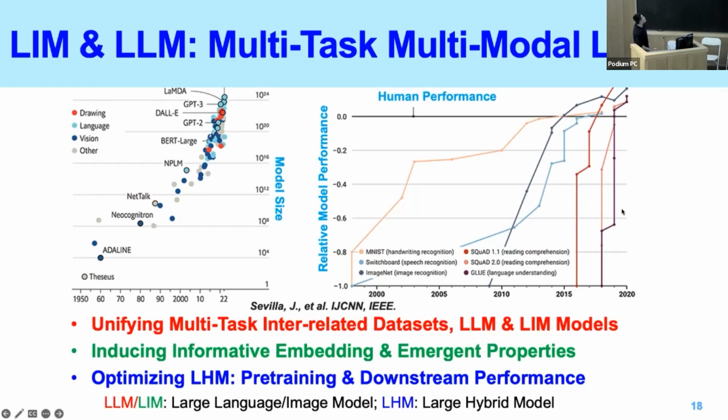Okay, next I will introduce our work on a large image model and large language model to build a multitask multimodal learner. Over time, the model size and the performance have dramatically increased, even outperforming humans. Especially, recent progress has shown that by unifying multitask and interrelated data sets, the large language model and the large image model can be effectively trained, which can induce informative embeddings and emergent properties.